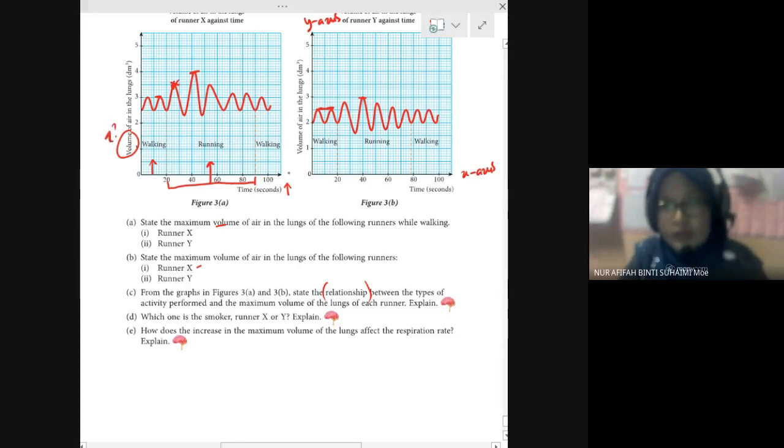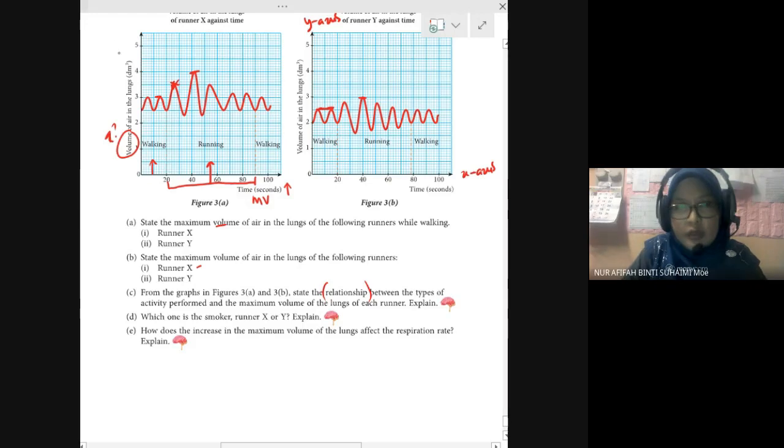So look at the x-axis first, paksi x dulu. That we call it manipulated variable. Time is manipulated variable. Volume is responding variable. Okay. Always remember x-axis for manipulated variable, y-axis for responding variable.